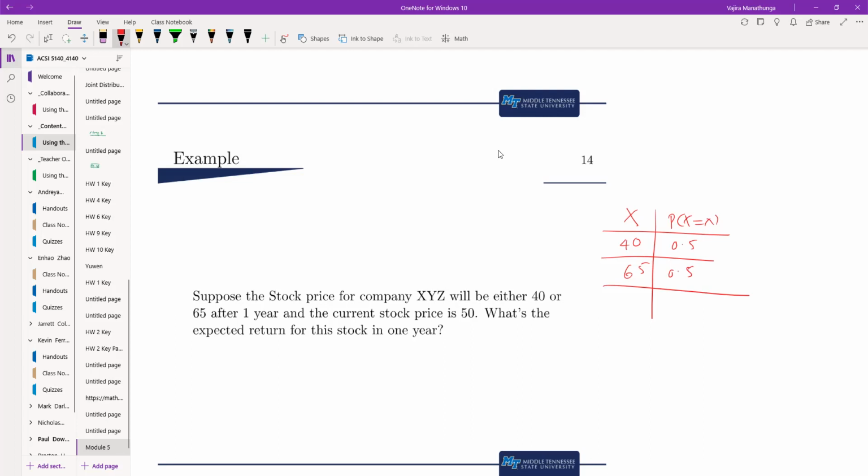In this case, to get the expected value, you multiply 40 times 0.5 and 65 times 0.5, and then add. That gives you the expected value in 1 year, not today. If you want today's price, you have to discount it. So basically 1/2 times (40 plus 65).